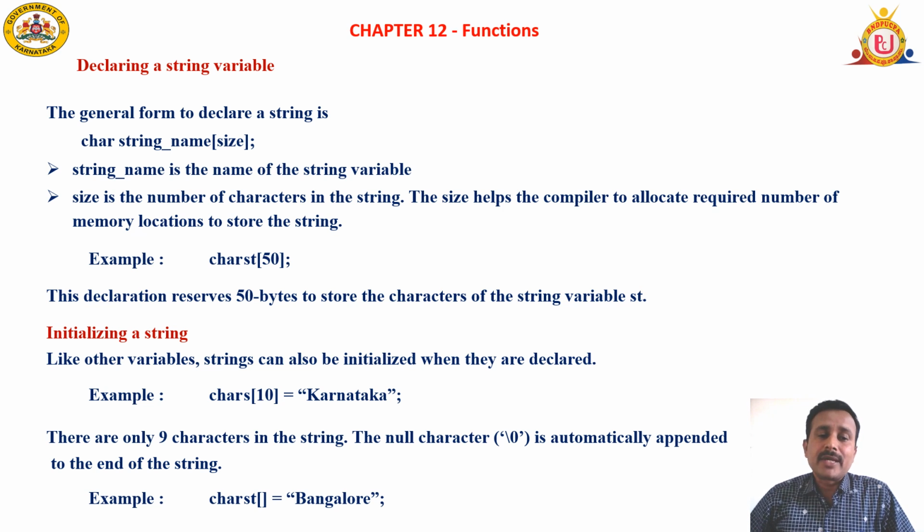Dear students, we can also make use of flower brackets here: first the flower bracket, then double quotes, then the string, then close the double quotes, then the flower bracket and semicolon. Semicolon is a null statement. Here, this particular string Karnataka is assigned to the variable called s. s is the string variable name, 10 is the size.